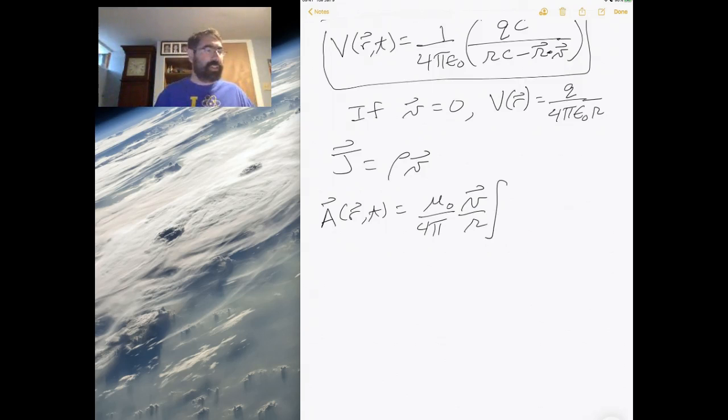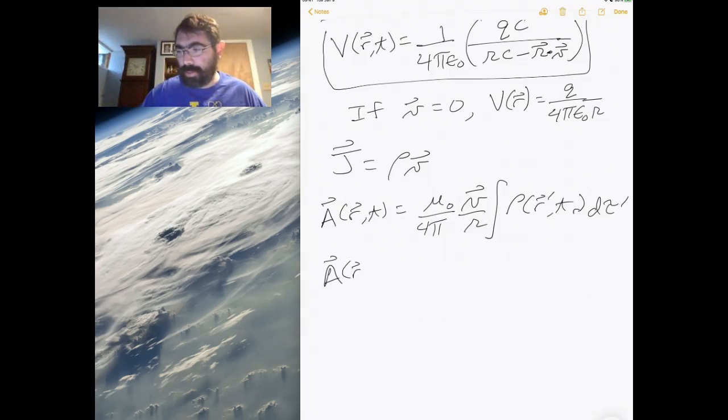All those things I can take outside of the integral, and I'm left with the charge distribution integrated over the volume, the exact same integral that I had before. So now if I plug in the result for this, what I get is mu 0 over 4 pi, the velocity, divided by r.